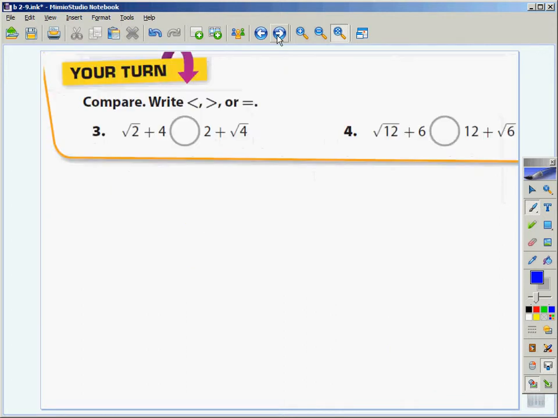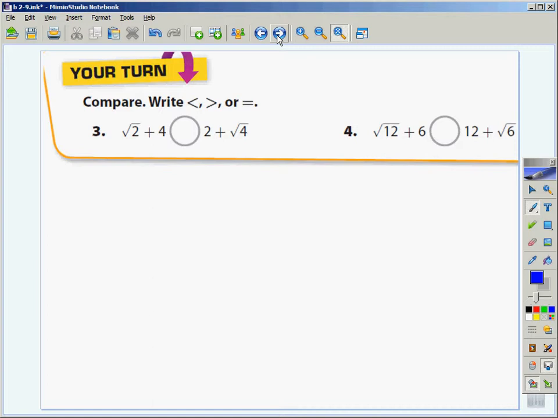So let's look at the year terms there at the bottom of the page, where they're asking me to compare the square root of 2 plus 4 and 2 plus the square root of 4. And in the space, they want me to write less than, greater than, or equal to. They want me to compare them. Okay. What is the square root of 4? 2.